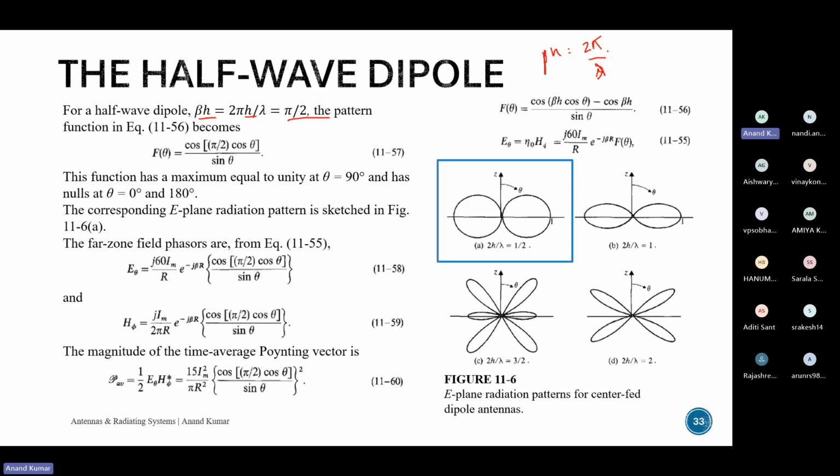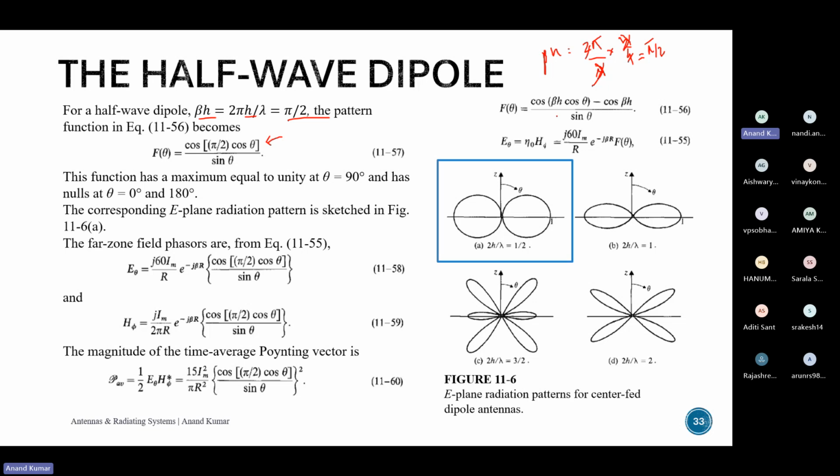So now beta h is pi by 2. We can substitute that in the expression.